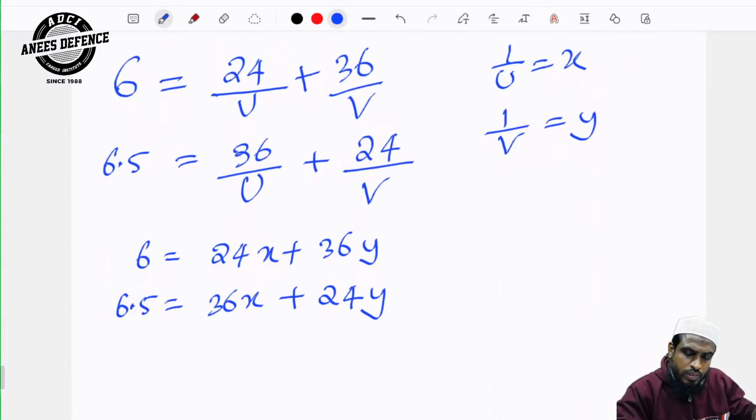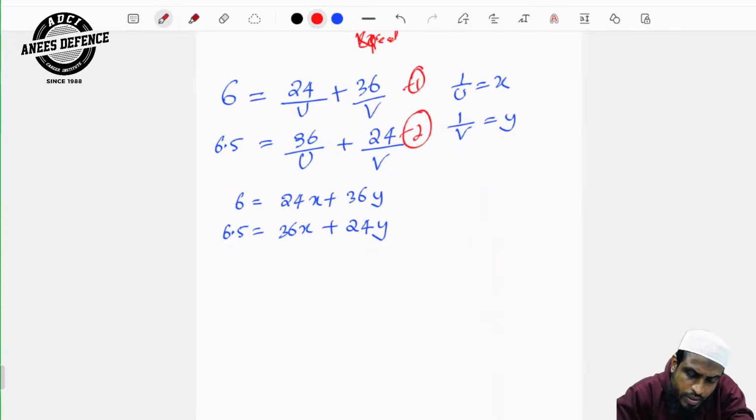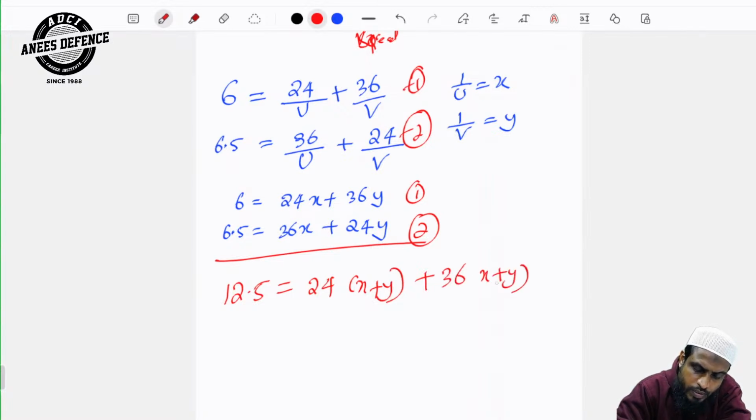Otherwise, we will do it like this also. If this is the first equation and this is the second equation, instead of substitution, if you add these two, what will you get? Adding the first and second equations, 6 plus 6.5 is 12.5 equal to 24x plus 24y plus 36x plus 36y. So 12.5 equal to 24 into (x plus y) and 36 into (x plus y).